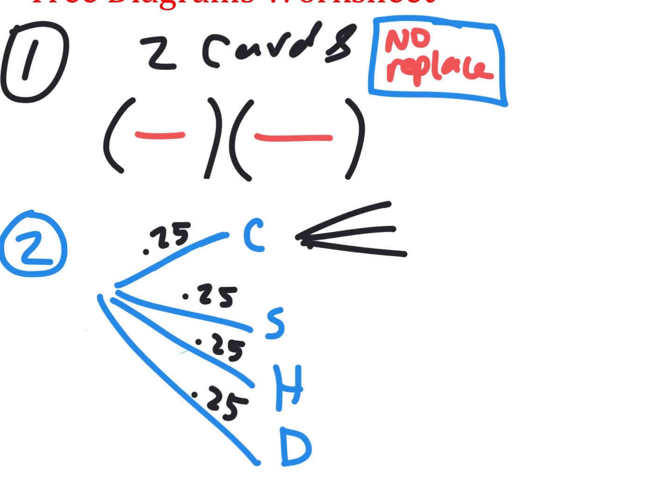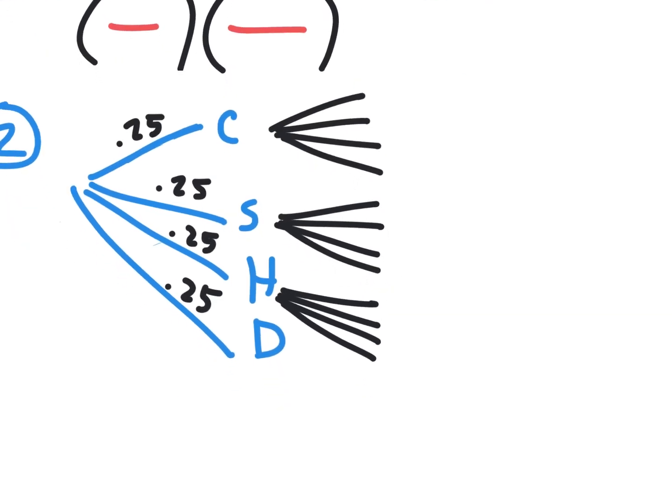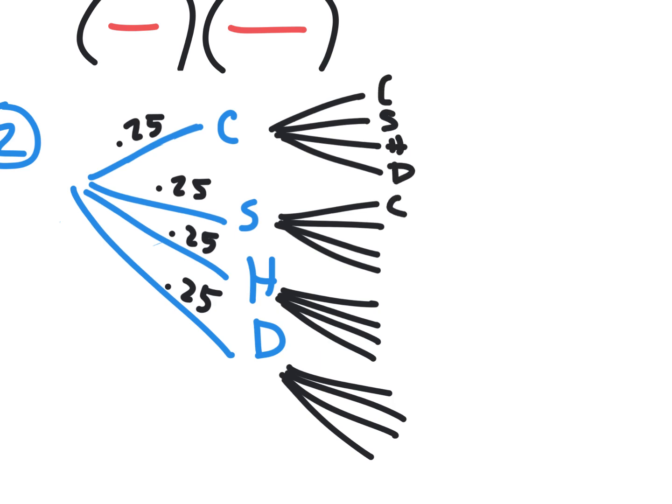Clubs, spades, hearts, diamonds. Then we're just going to figure out whatever part we need to, because to actually label all of these would take a long time.